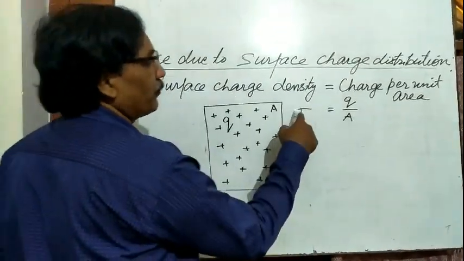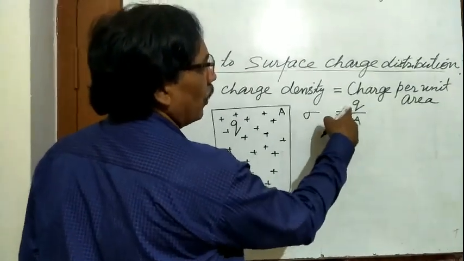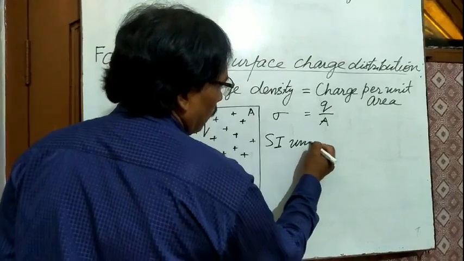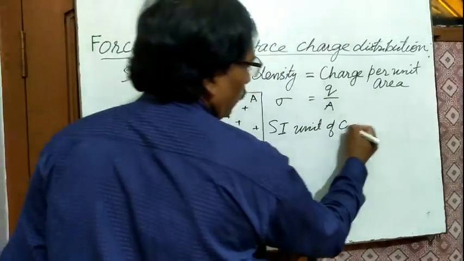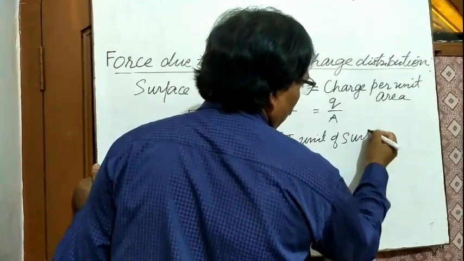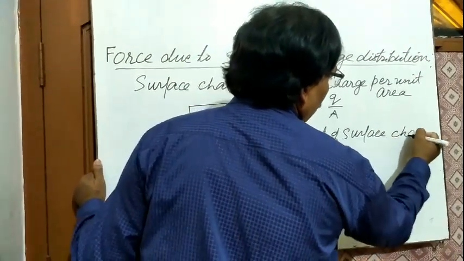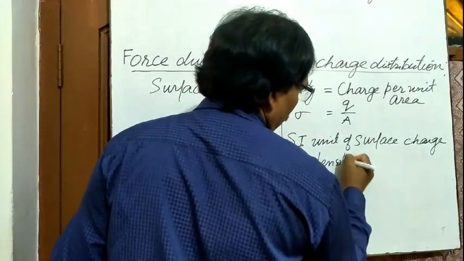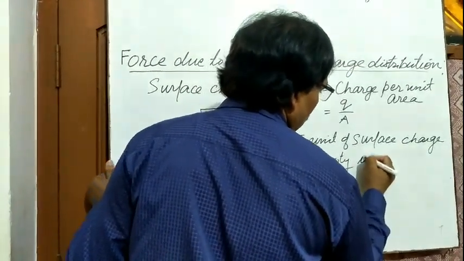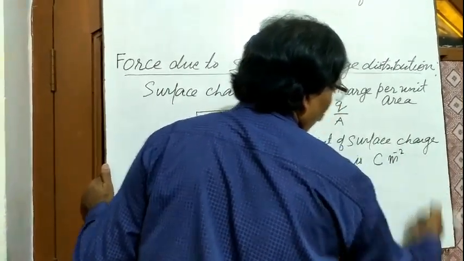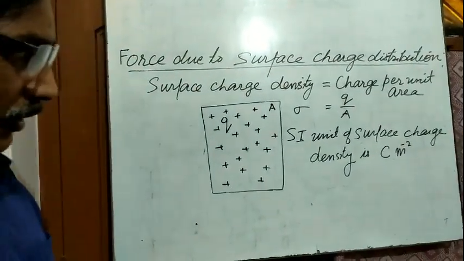So the SI unit of surface charge density is coulomb per meter square.